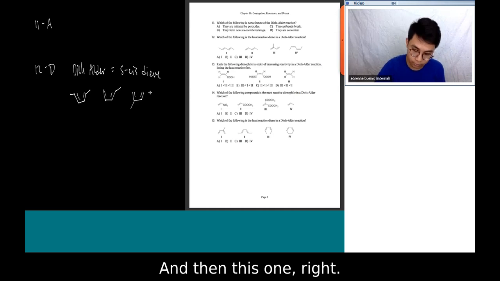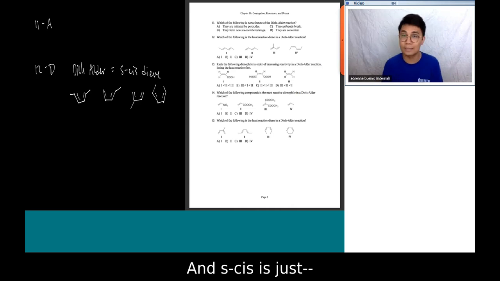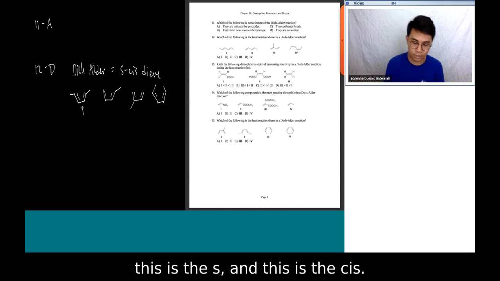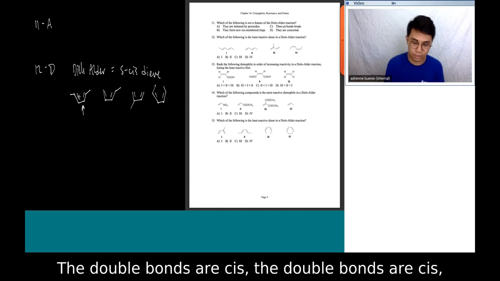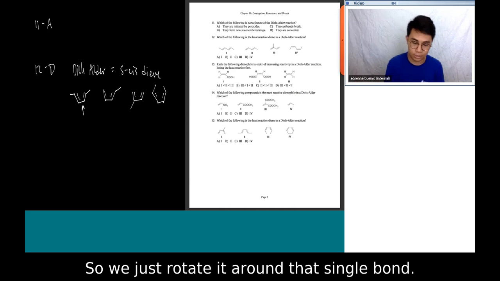And then this one, right? So that's all s-cis, right? And s-cis is just this is the s and this is the cis. The double bonds are cis. So we just rotated it around that single bond.